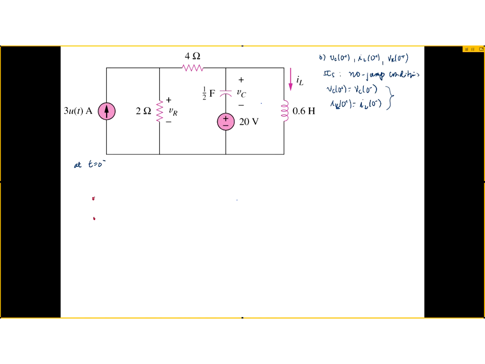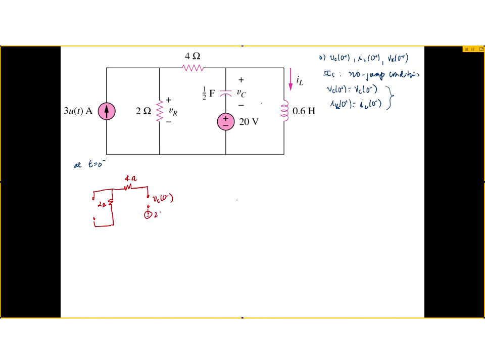So that means this is an open. Here's our 2 ohm resistor, and here's my 4 ohm resistor, and here's my capacitor. We're going to assume again that at t equals 0 minus the circuit has been there for a long time, so steady state again, which means the capacitor is open, and whatever that voltage across that open is going to be our VC 0 minus.